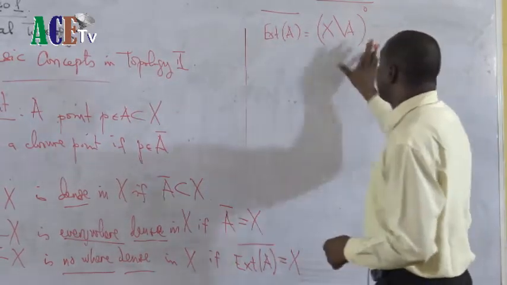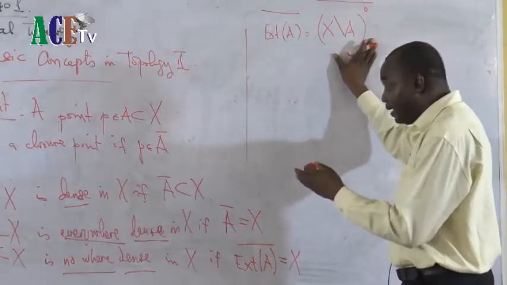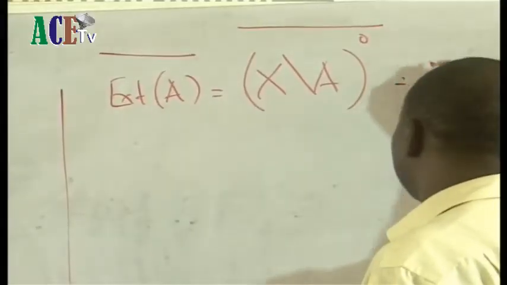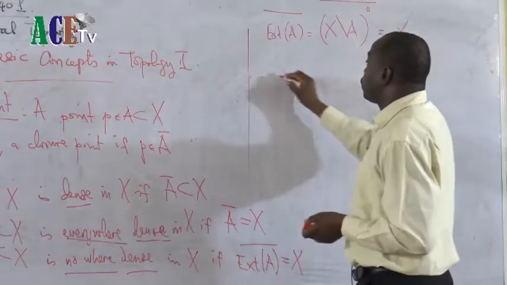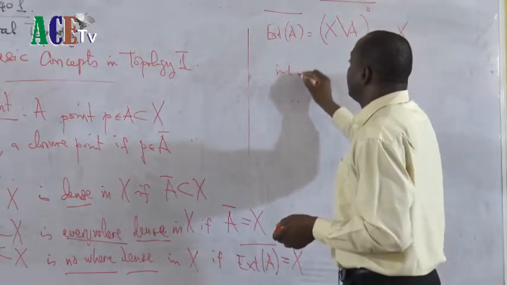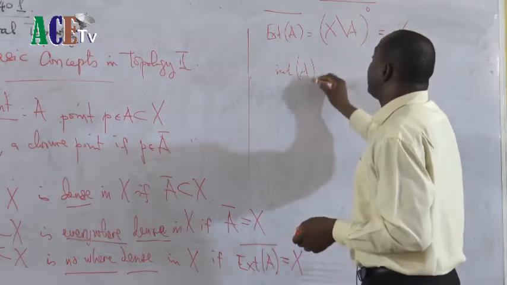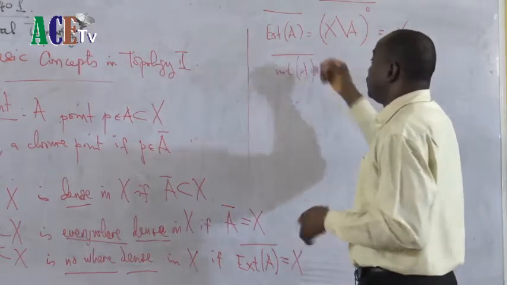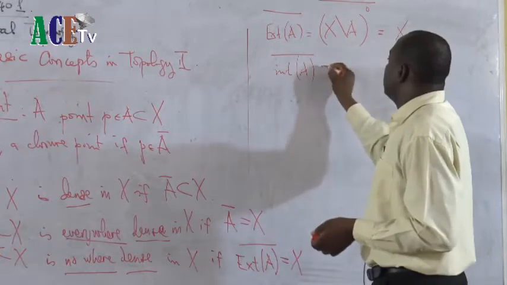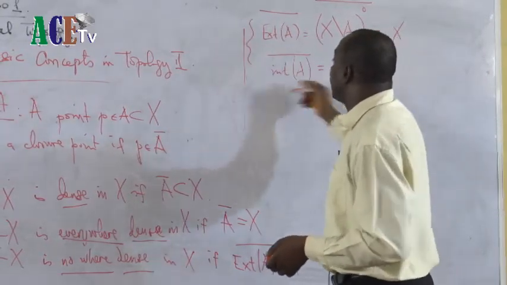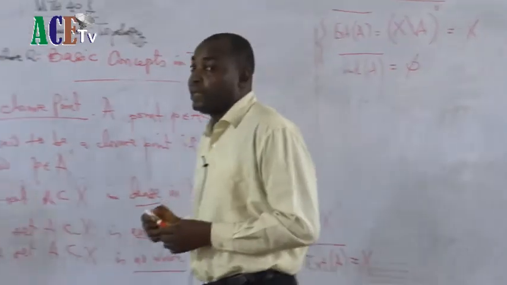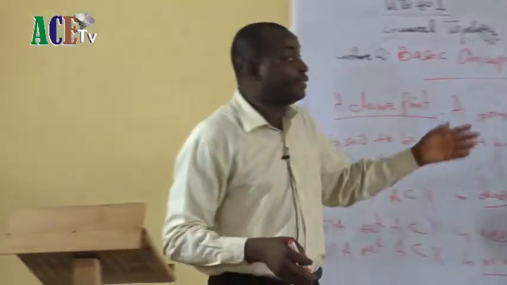And we say that this is nowhere dense if this is equal to X. Some books look at it as when the closure of the interior of A is equal to the empty set. So whichever of these two you use, you are saying the same thing.